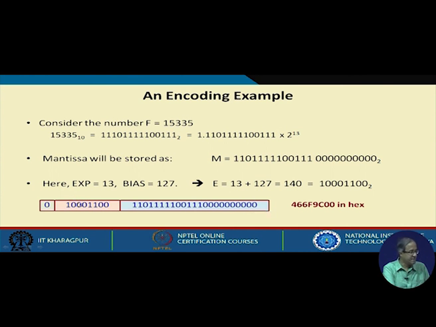If you divide this number into 4 bits and convert it into hexadecimal, you will see it starts with 0100, which is 4, then 0110, which is 6, again 0110, which is 6, 1111, which is f, and so on. So, in hexadecimal you can express it like this.